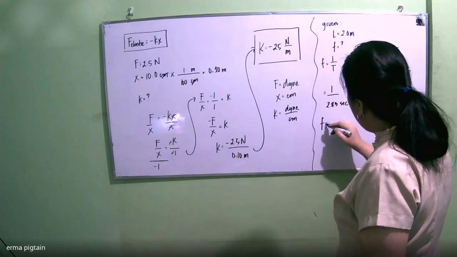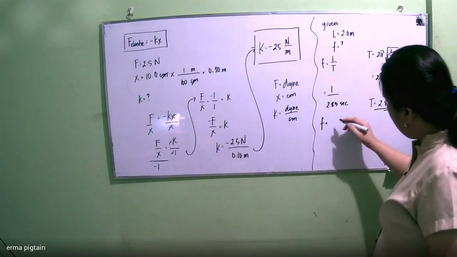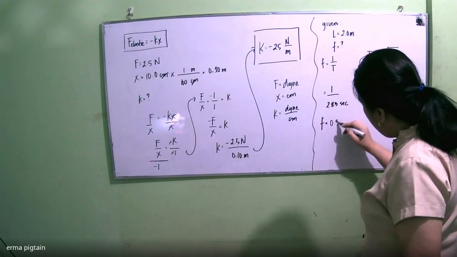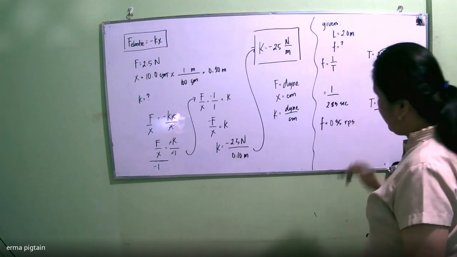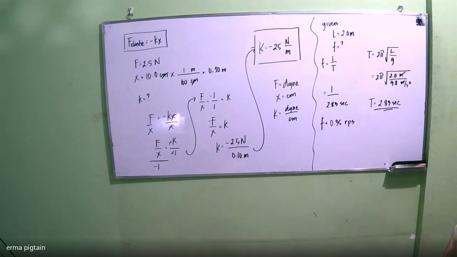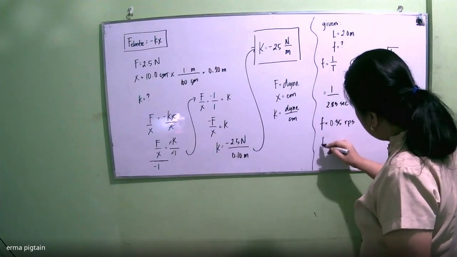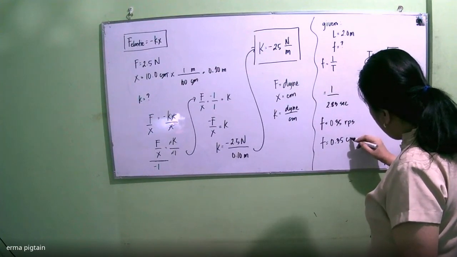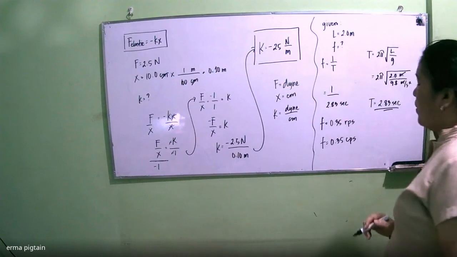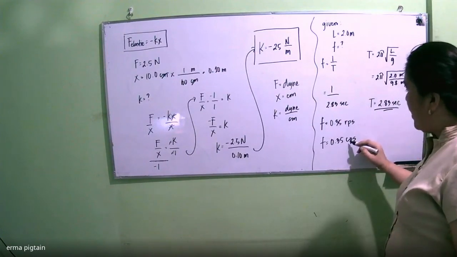So, our frequency is equal to 1 divided by 2.83, which is 0.35 revolution per second, or RPS. Or pwede din ito, mga anak, 0.35 cycle per second, or CPS. So, ito, revolution per second. Ito, cycle per second.